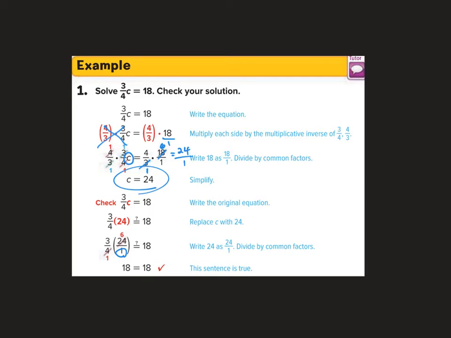So let's factor 4 out of 24 to get 6, and we'll factor 4 out of 4 to get 1. And then we multiply straight across. We get 3 times 6 is 18. 1 times 1 is 1. So 18 over 1 equals 18. And that solution does work because we get 18 on each side of the equal sign, so it's a balanced equation.